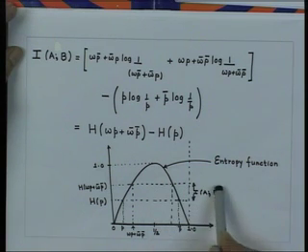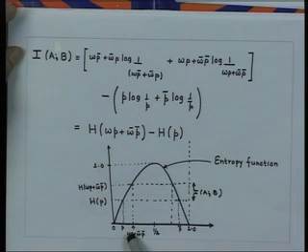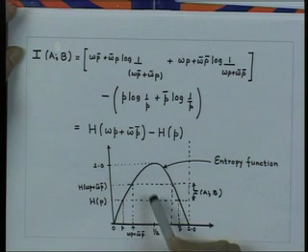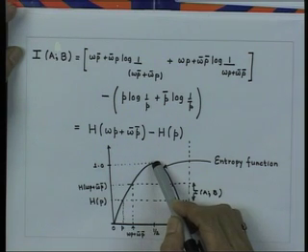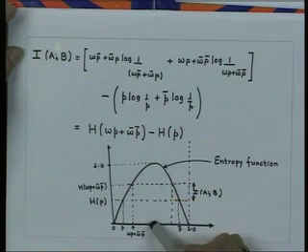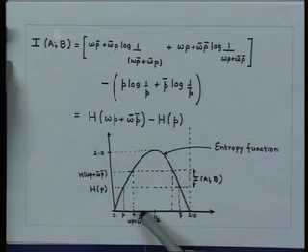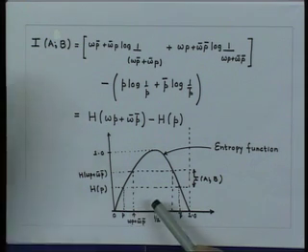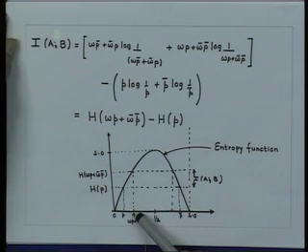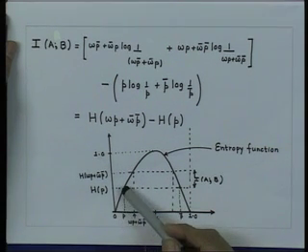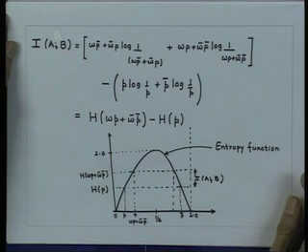We see that I(A;B) achieves its maximum when w is equal to half, and in this case the mutual information will be 1 minus H(P). This will be the value of mutual information. For w equal to 0 or 1, on the other hand, the mutual information is 0.